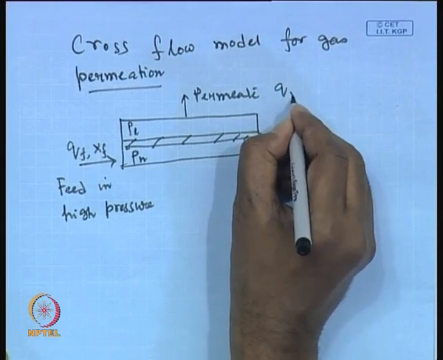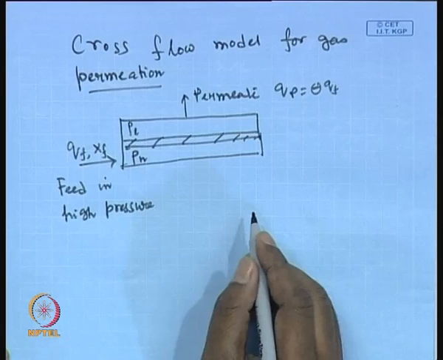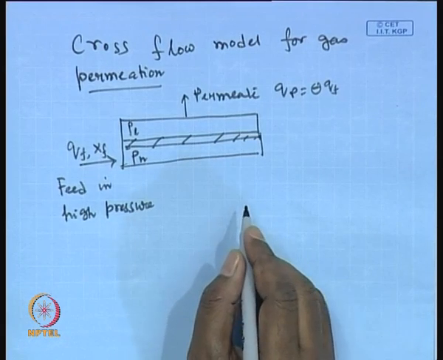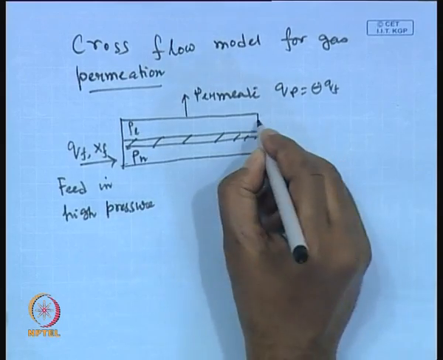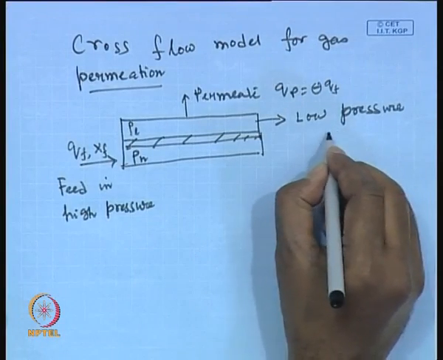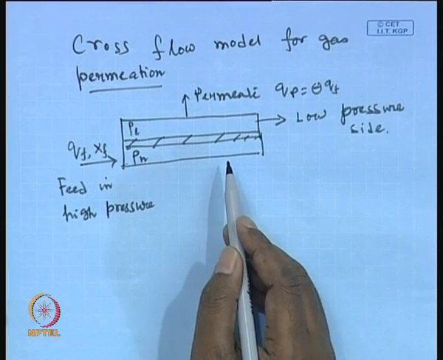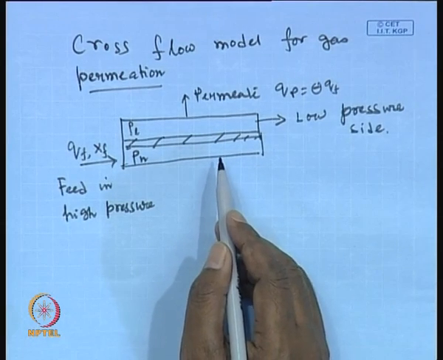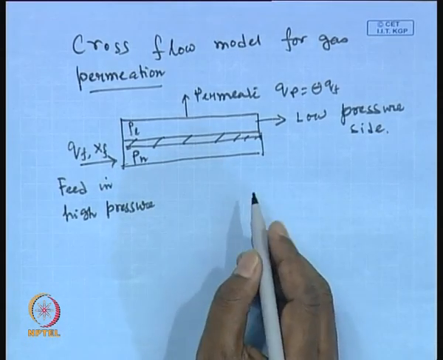This QP is a fraction of QF. That fraction is theta, the cut of the feed, that is the percentage of feed that is going into the permeate, and it is a low pressure side. Often the permeate side is attached to a vacuum, so that a low pressure is maintained, and there is a substantial pressure difference across the membrane that drives the solute to move from the feed side to the permeate side.